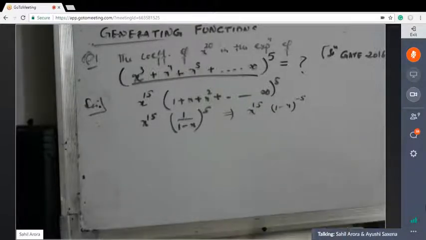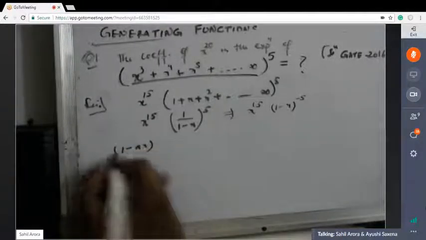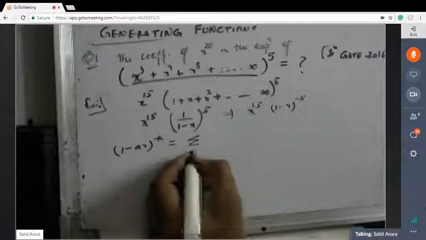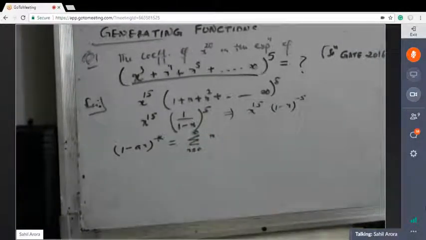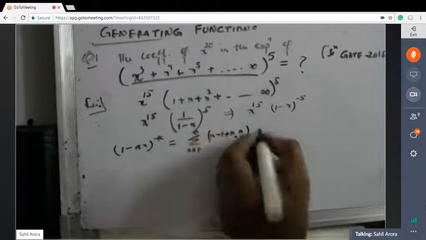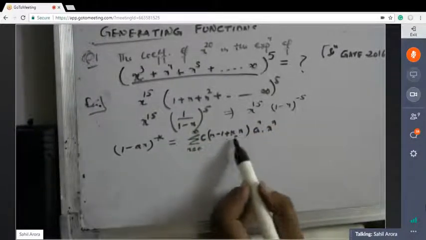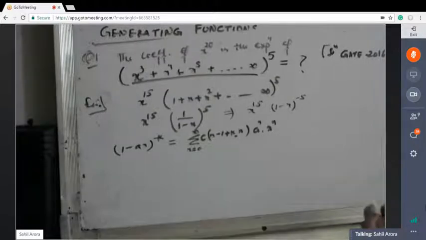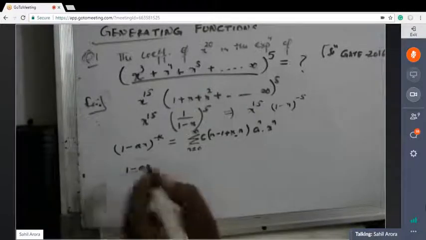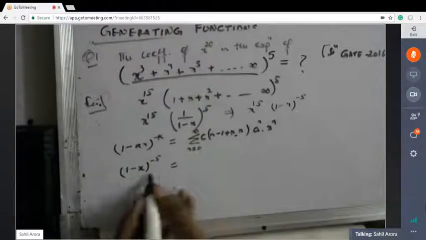Now one thing we know very clearly is the expansion of (1 minus ax) whole power minus k, which I already told you: the sum for n going from 0 to infinity of C(n minus 1 plus k, n) a power n, x power n. So what is (1 minus x) whole power minus 5?